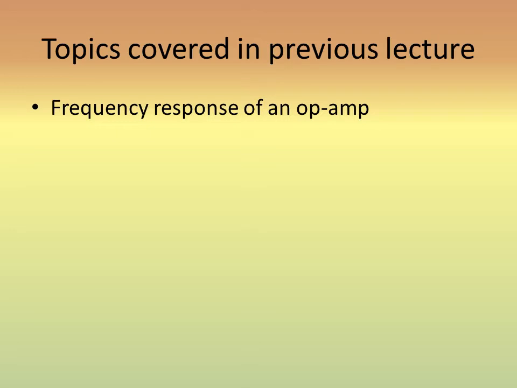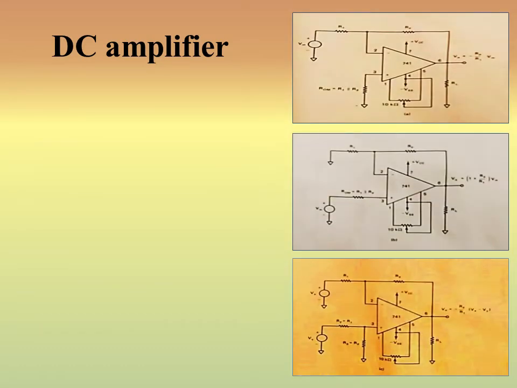So first of all we'll discuss the DC amplifier. So DC amplifier, we'll see the three diagrams. See here there are three diagrams, so we can say the DC amplifier can be made in three such ways as shown in the figure. In the first figure you can see the input is applied at the inverting end.